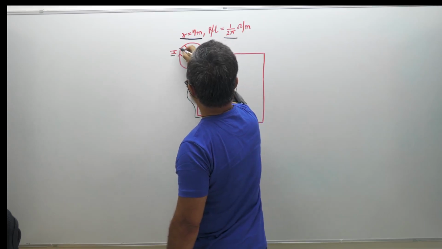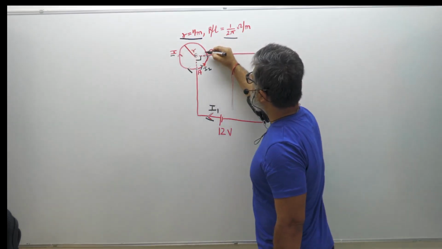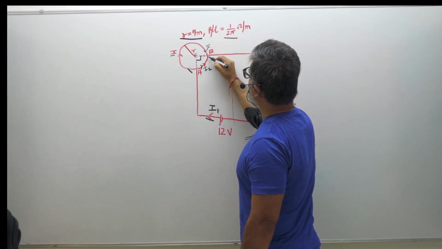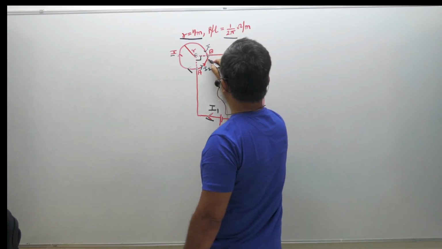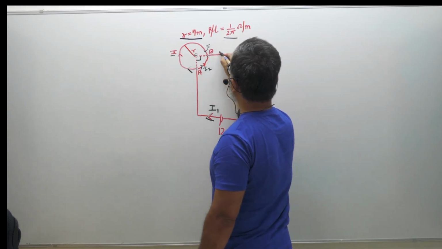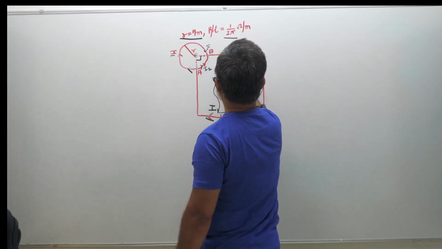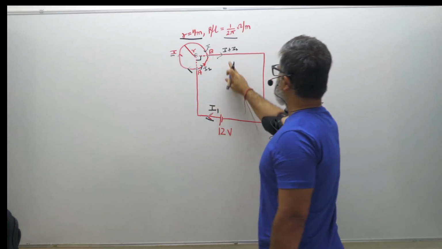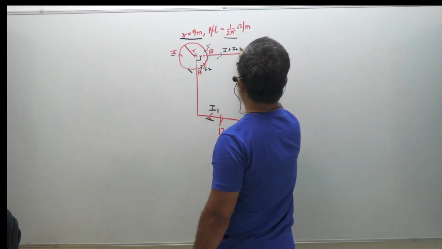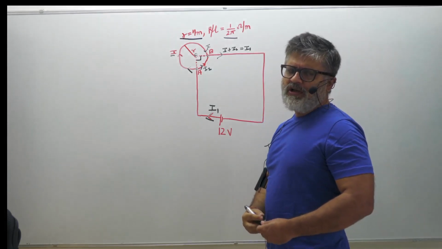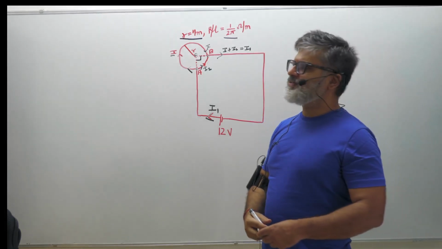This I travels and reaches B, and then I2 also reaches B. The sum total at B is I plus I2. So whatever is going out is I plus I2, which is nothing but equal to I1. I'm just focusing on how to look at the current flow in the circuit.